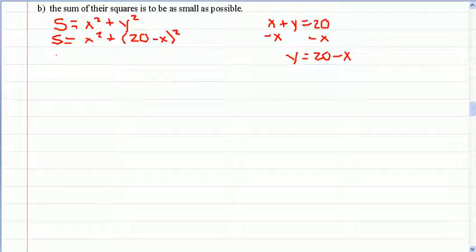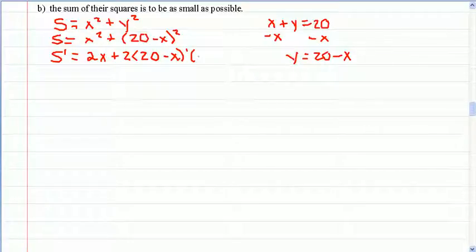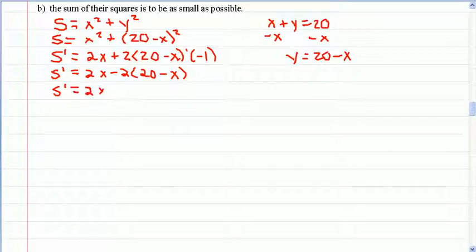So when I take s prime, I can either FOIL 20 minus x times 20 minus x, or I can use the chain rule when I take the derivative, so that s prime is 2x minus 2 times 20 minus x, so that s prime is equal to 4x minus 40.